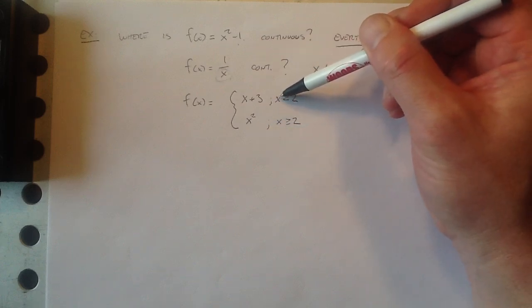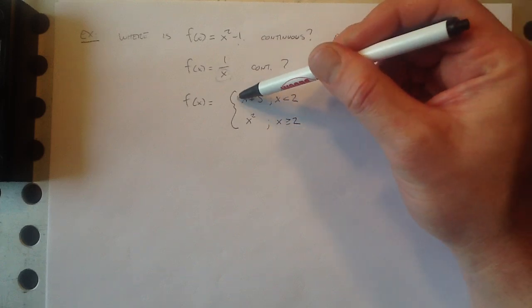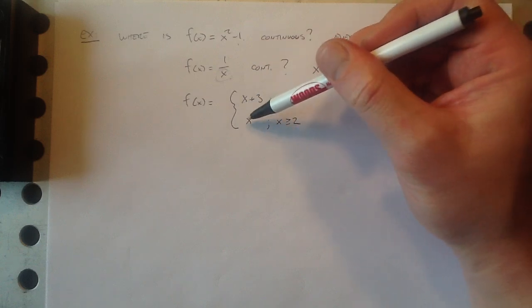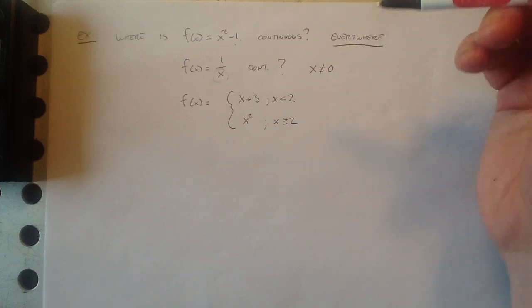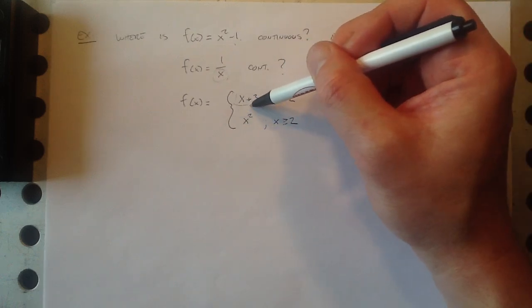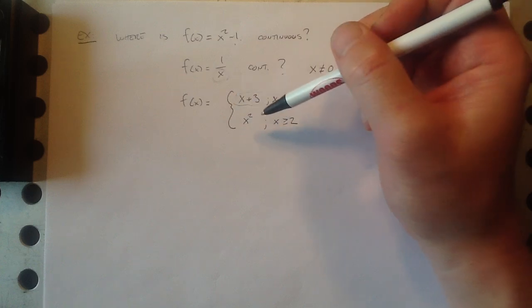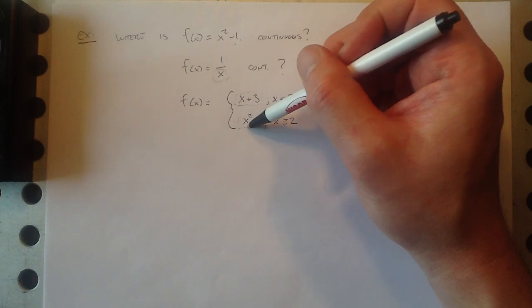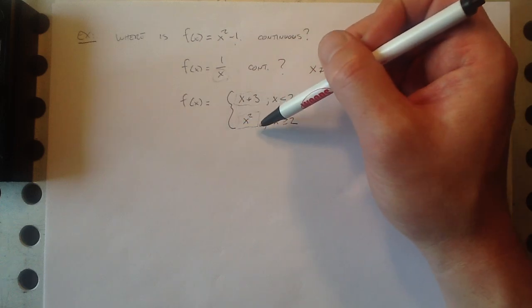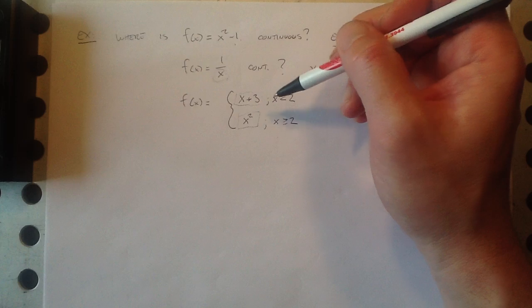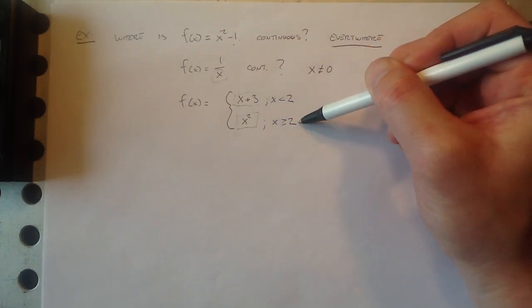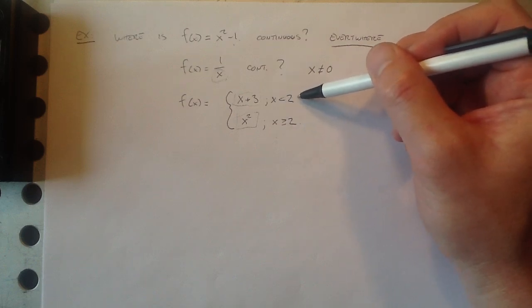If the x you're trying to plug in is less than 2, then you use this rule. And if the x you're trying to plug in is greater than or equal to 2, then you plug in this rule. Now, this piece taken on its own has no issues. It's just a straight line that would be continuous everywhere. And this piece is just the squaring function. That has no issues. So the only possible issue this could have is if the two pieces do not link up, right? This is the piece that's going to have the open circle.